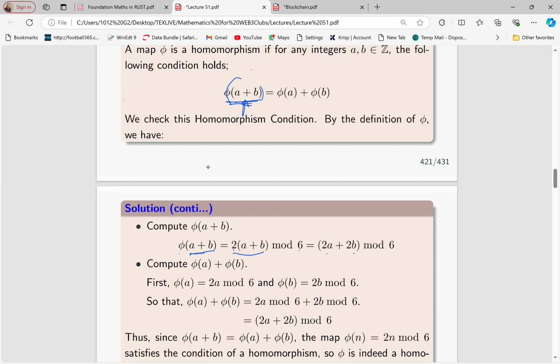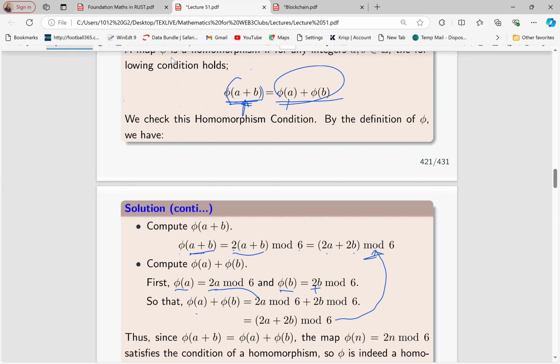Now let's also check the right-hand side. Phi of A will be mapped to twice of A, and phi of B will be mapped to twice of B. And now, what about the sum of phi of A and phi of B? It will be 2A plus 2B, mod 6, which again gives us the same result as the one we obtained earlier.